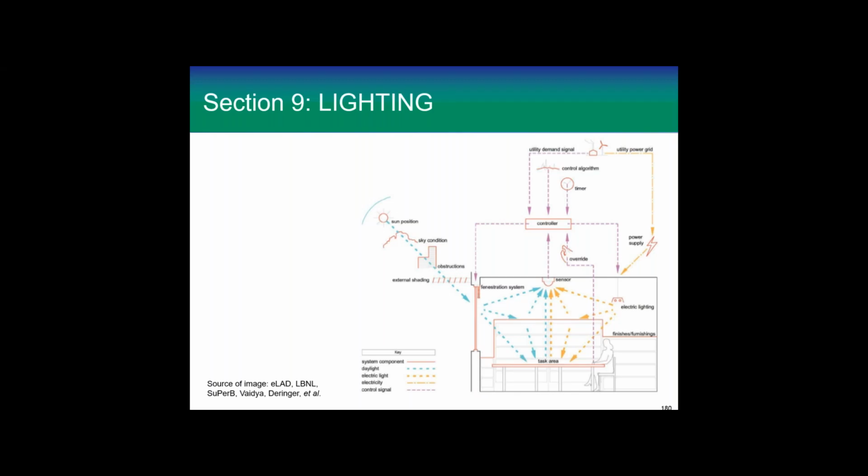All right, so here's lighting, and lighting is now fairly complicated. We have daylighting through the sun. We have external shading. We have controllers, dimmers and things that control lighting based on daylighting. We have timers.